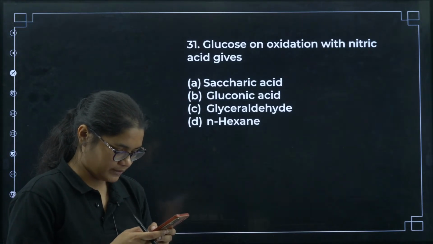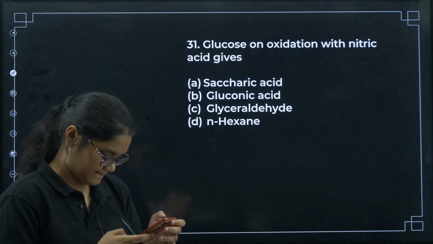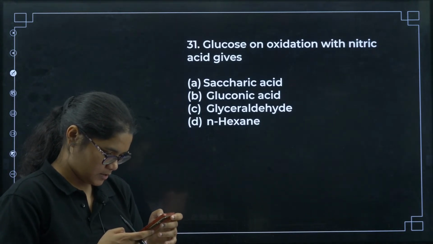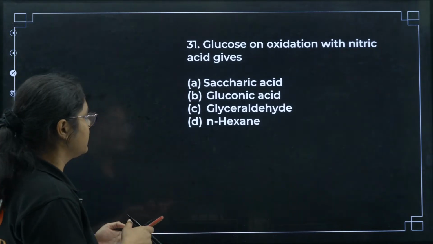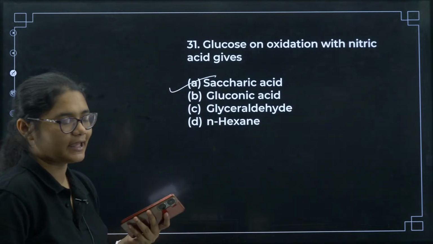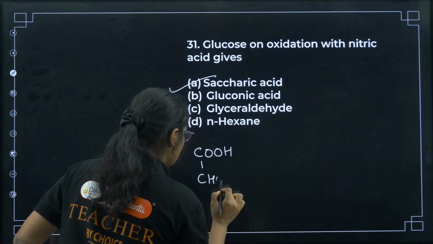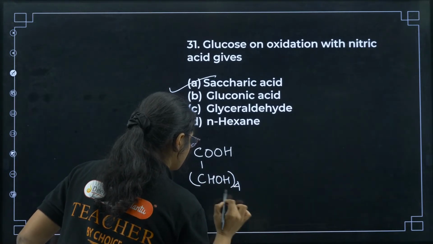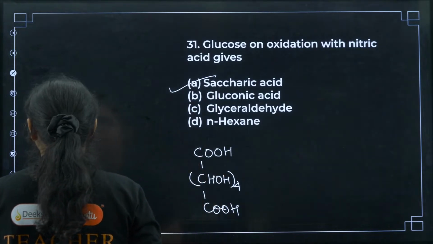Will produce what acid? You have 4 options. Yes, 31A is the correct answer, saccharic acid. Saccharic acid is like this. Okay, so that is your option number A.